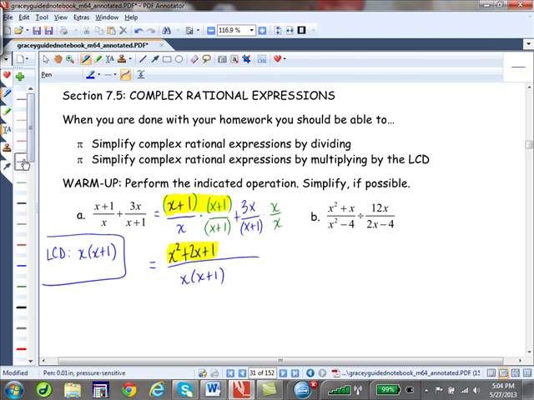And then moving on to the next one, we'll have plus 3x squared, from 3x times x. When we combine like terms, we'll have 4x squared plus 2x plus 1. That happens to be prime. You have an overall product of 4, and there's no two numbers that multiply to be positive 4 and have a sum of positive 2. So that one is prime, and this one is in factored form, so we're all done.